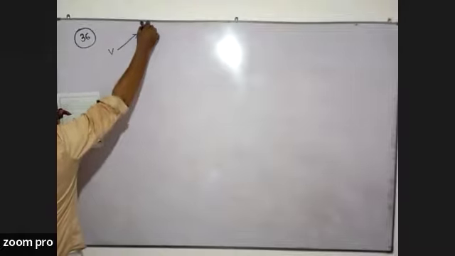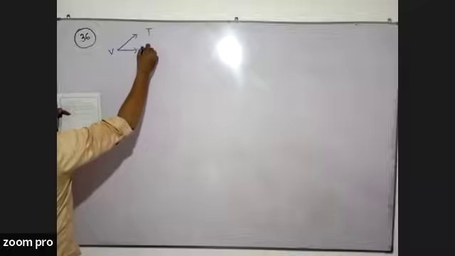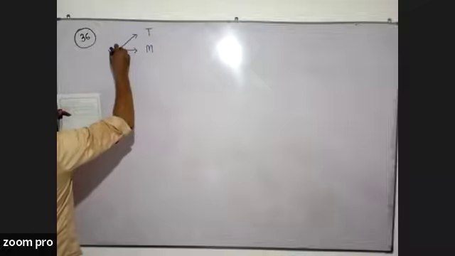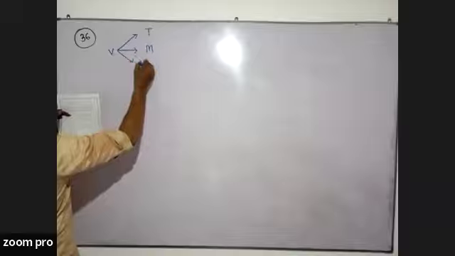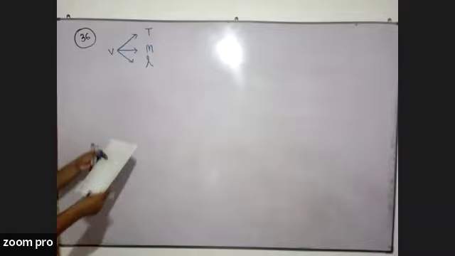The first one is the tension in the string. Second one, the mass of the string. Third one, length of the string, right?